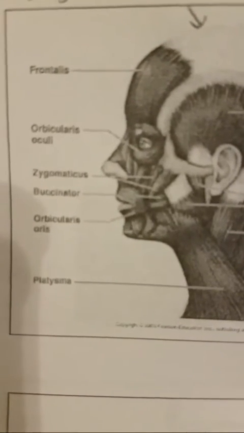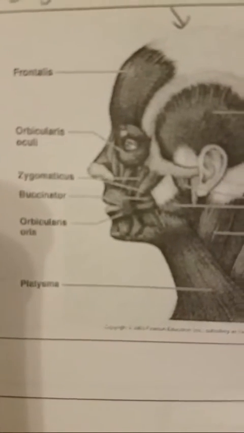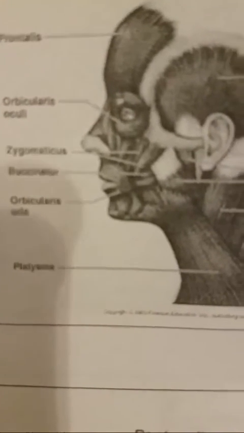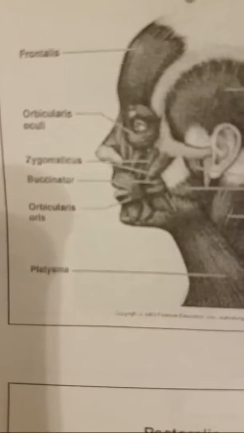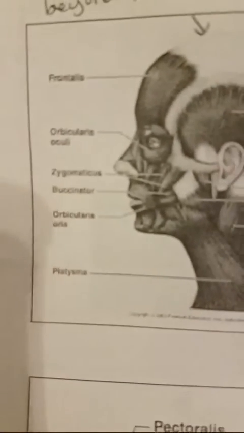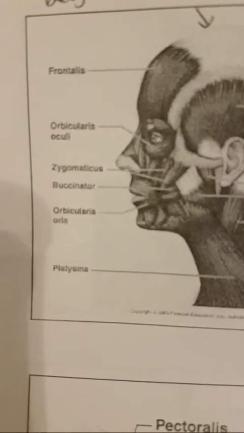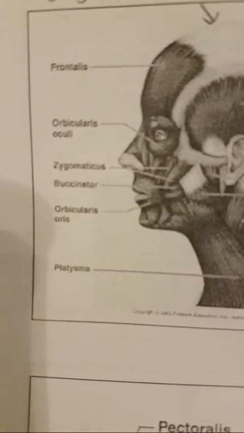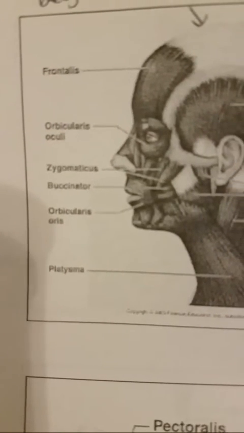We have the frontalis, orbicularis oculi, zygomaticus, orbicularis oris, platysma.